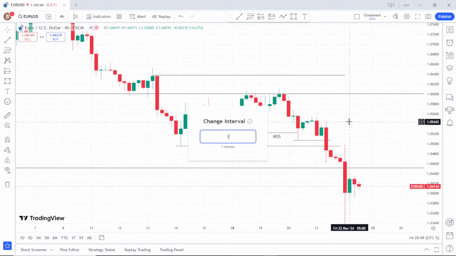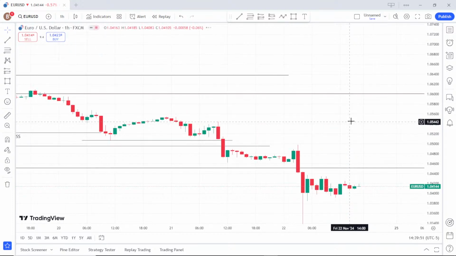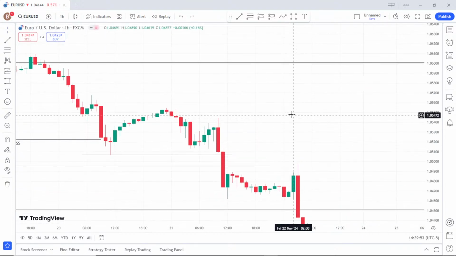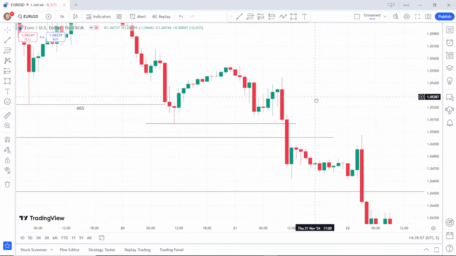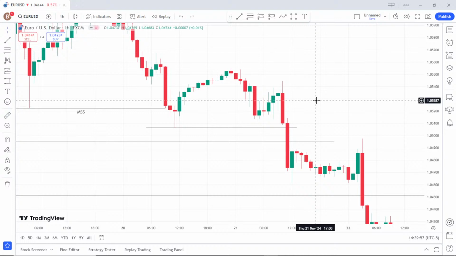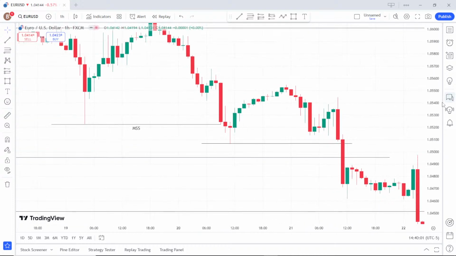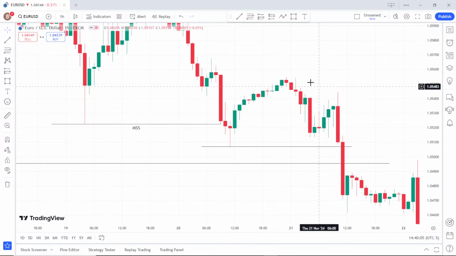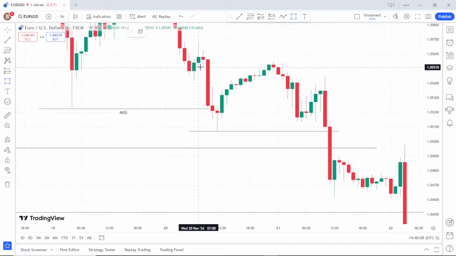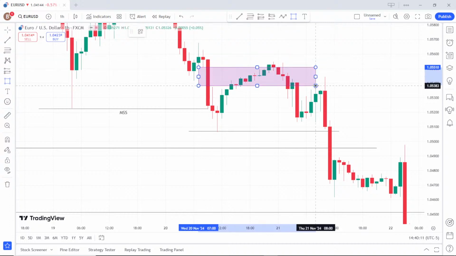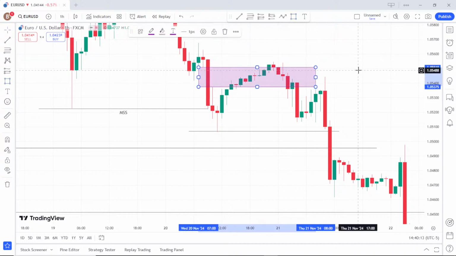So let's go to the 1 hour. Going to the 1 hour, after the market structure shift, the bearish anchor or bearish setup we can see here is this fair value gap.